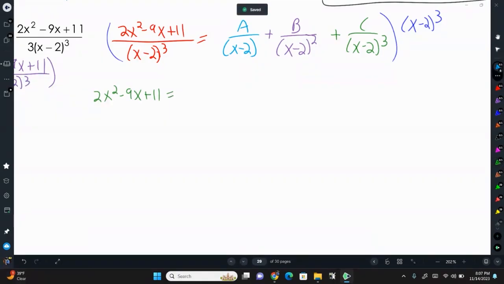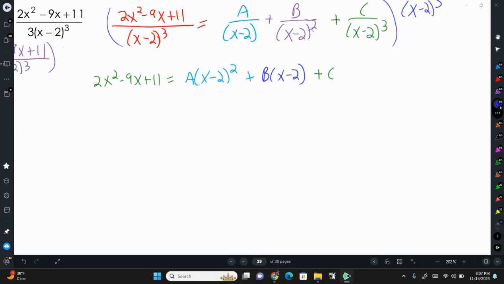The A term is going to be A times x minus 2 squared, because the 1 in the denominator only takes care of one of the 3 in the numerator, plus B times x minus 2 to the first power, because we have 2 in the denominator, 3 in the numerator, and then plus C, because we have the same amount in the numerator and denominator.